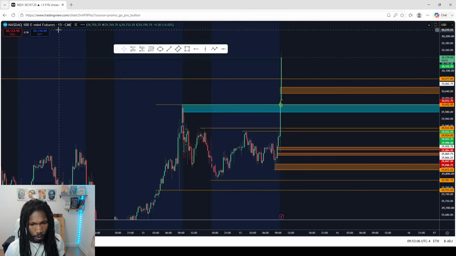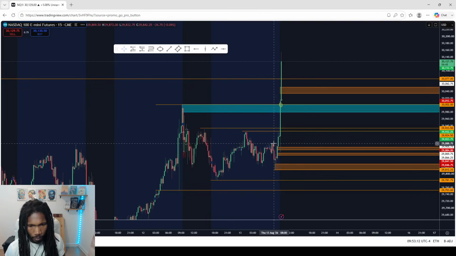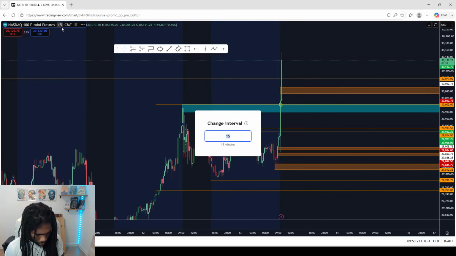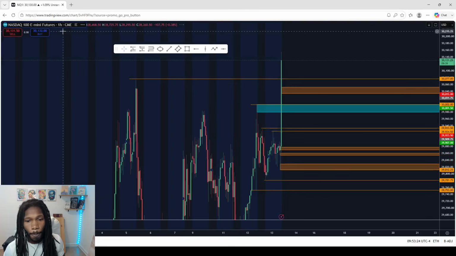Oh yeah, that's massive. Price opened up, reacted to this order block on the 15 minute and took off. Broke these highs, broke this liquidity level from the hour time frame, and it's still pushing. This is kind of crazy. Mic check. Can y'all still hear me?